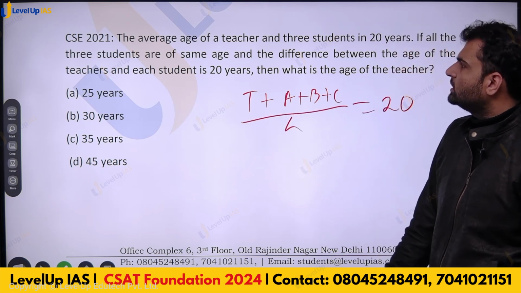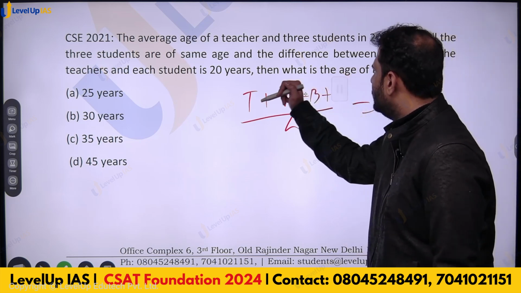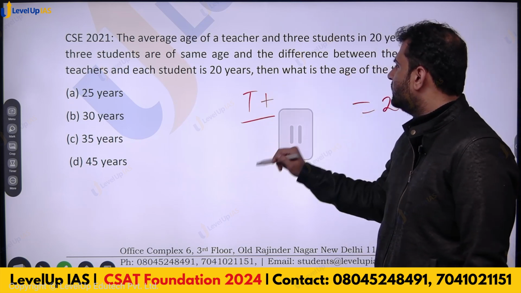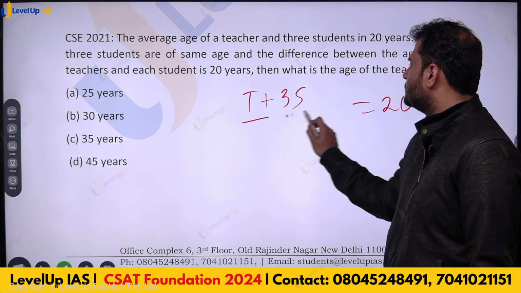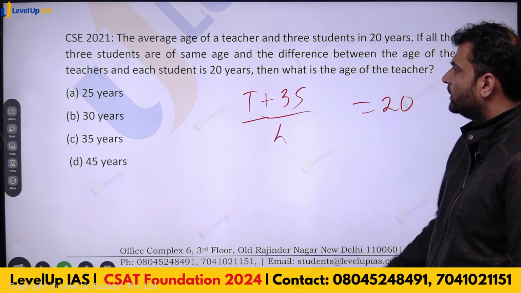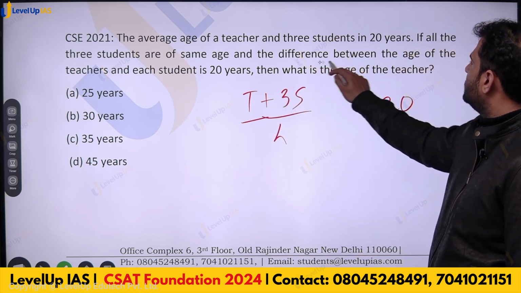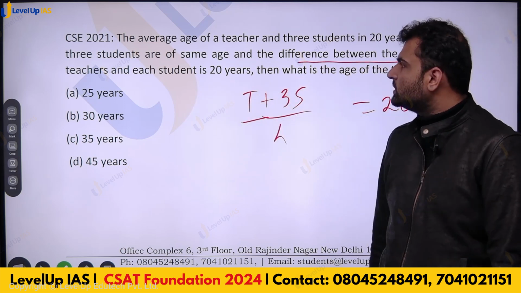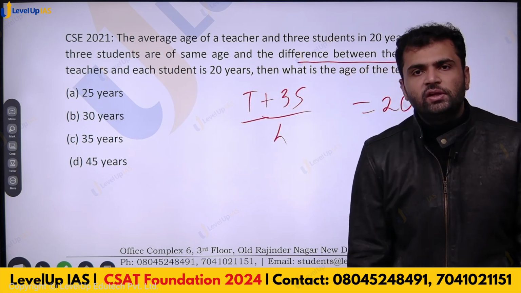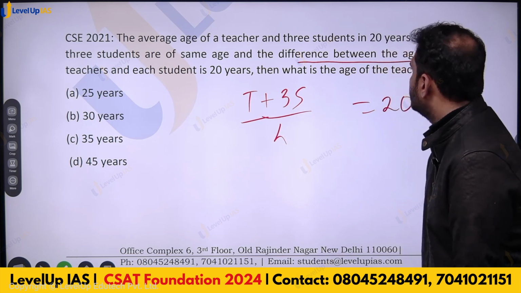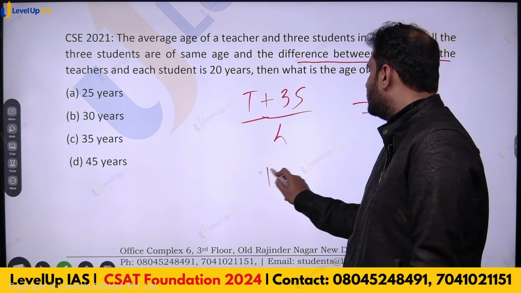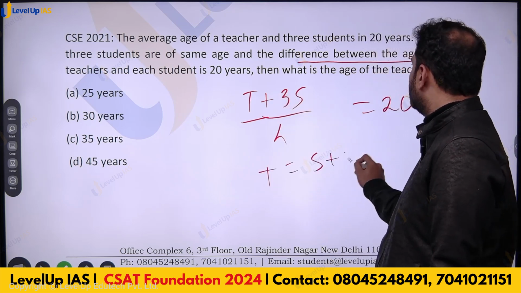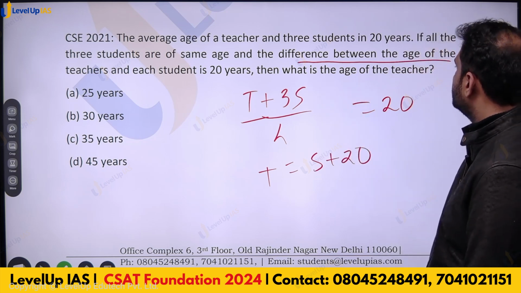If all 3 students are of the same age, we don't need to take A, B, C, we just need to take 3 times whatever the age of the students is, and the difference between the age of the teacher and the students is 20 years. We'll assume the teacher to be older than the students, of course. Then we also have T is equal to S plus 20. The question is, what is the age of the teacher?